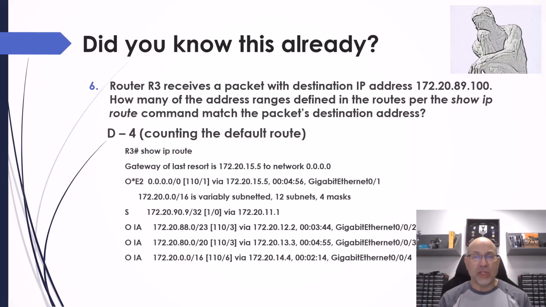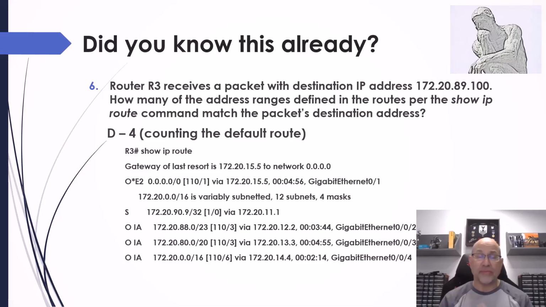Now the destination is 89.100. If we look all the way at the bottom, 172.20.0.0/16 covers that, so that's 2. 172.20.80.0/20, well, that's actually 80.0 to 95.255, so that covers it.